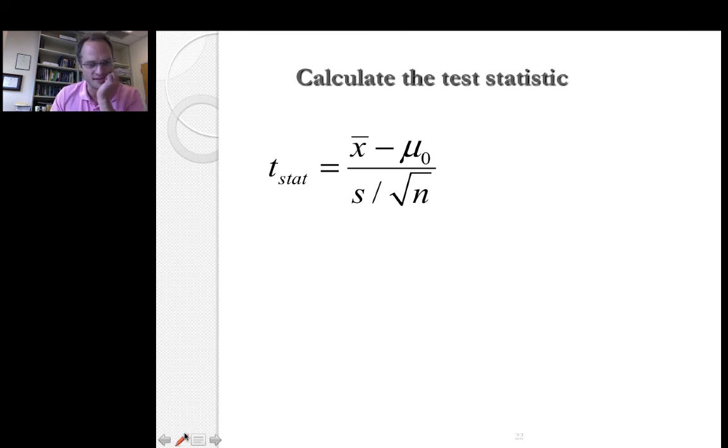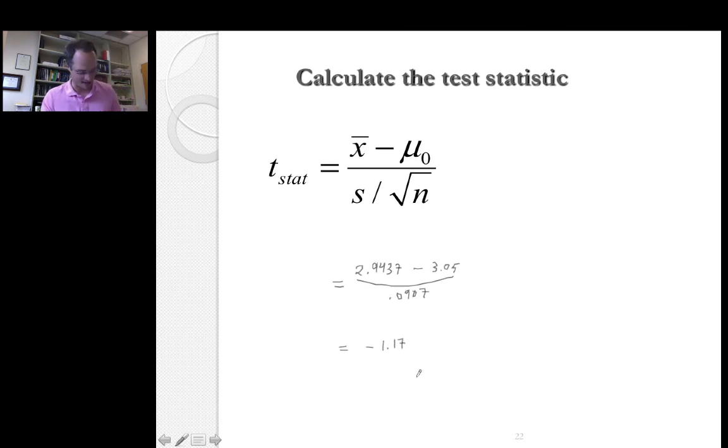We'll carry over these values here. 2.9437, 4 decimal places, relative to 3.05, over 0.0907. That's the standard error, and that is taken from the descriptive statistic measure in the previous slide. And I'm getting negative 1.17.